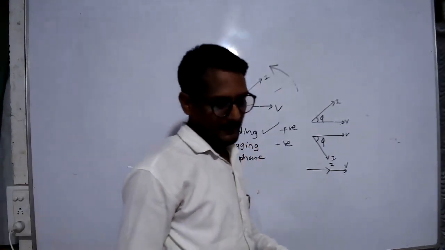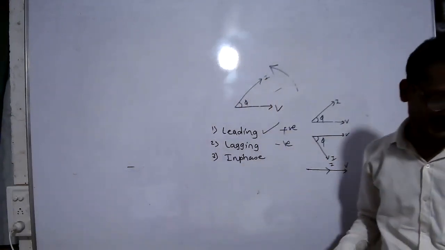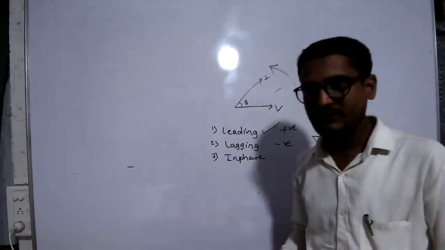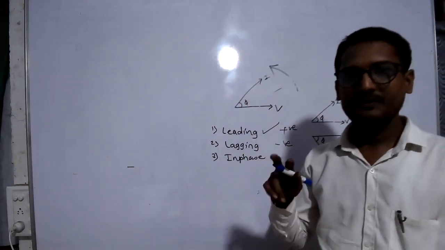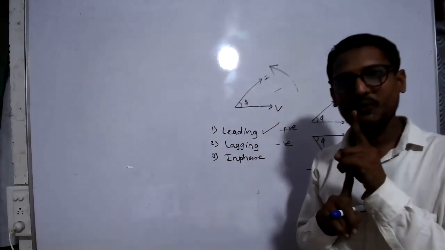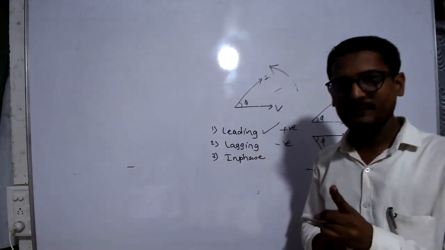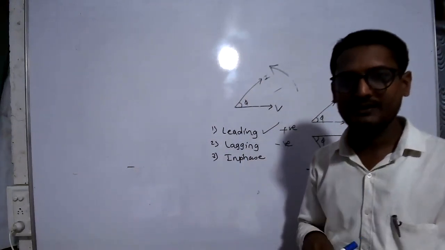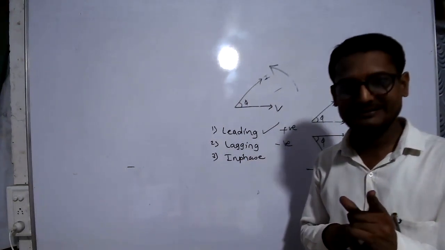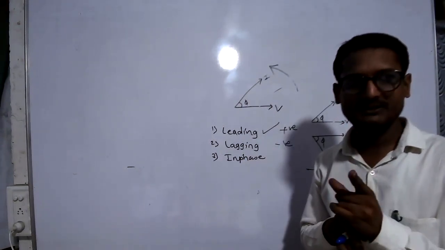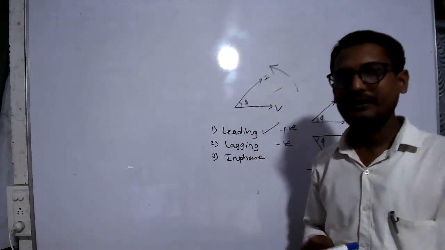Now, the behavior of AC circuit we can observe by considering the AC circuit with pure resistance, AC circuit with pure capacitance, and AC circuit with pure inductance.